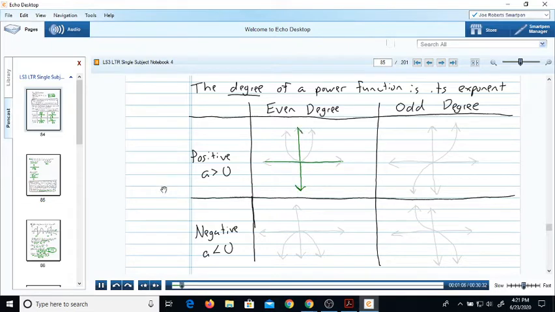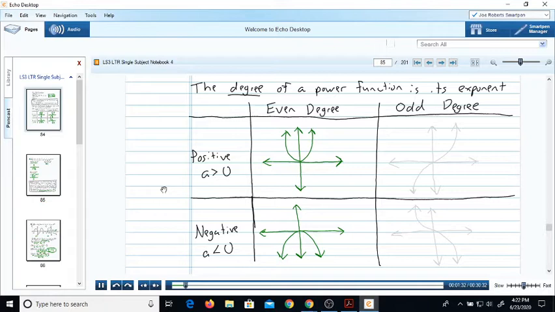So, for example, if you have a power function that has an even exponent and a positive coefficient out front, it's going to look like a parabola. If it's still an even degree and negative out front, then it's just going to be a parabola but opening downwards.